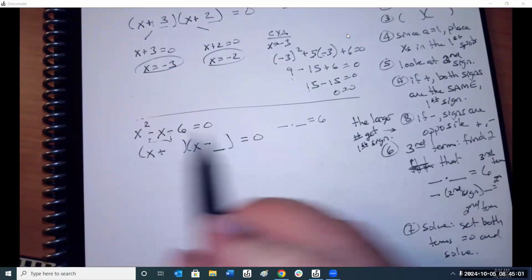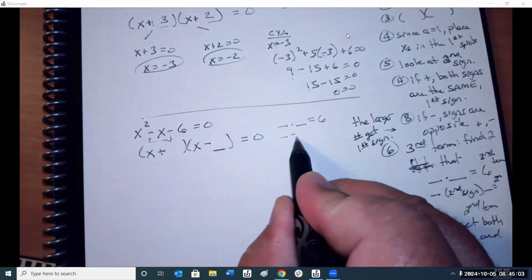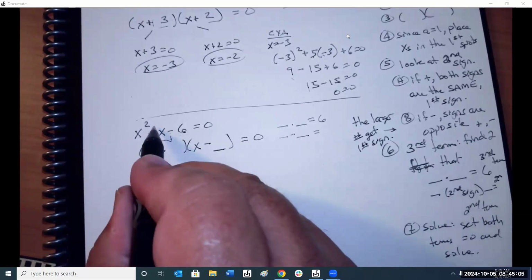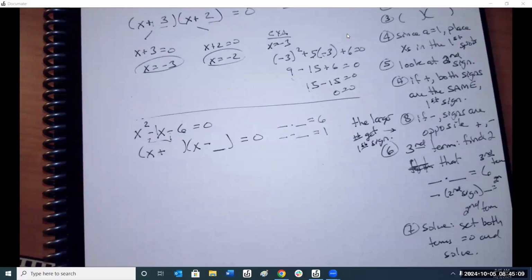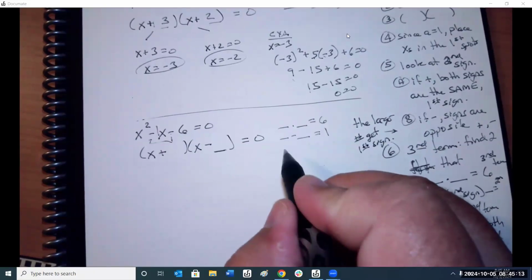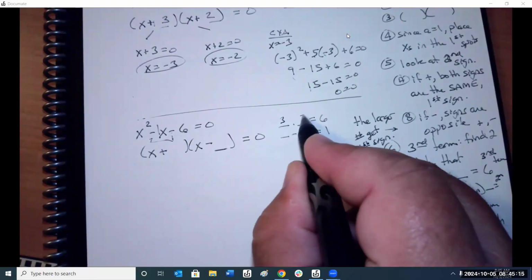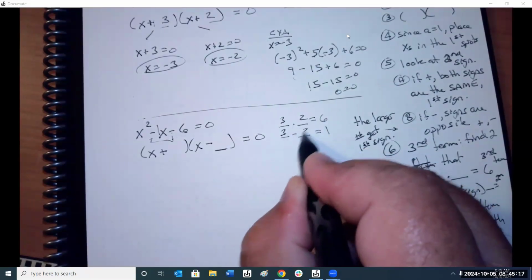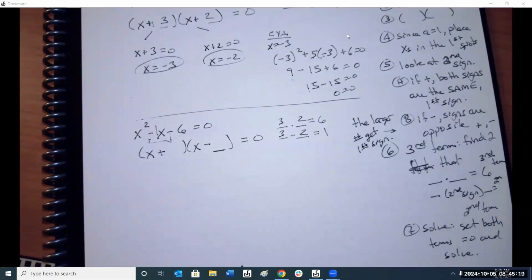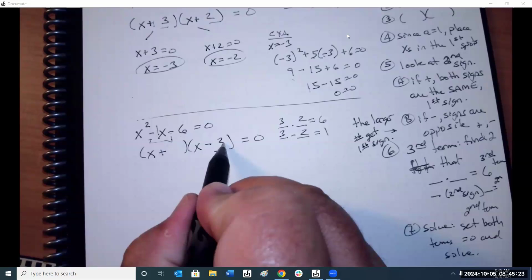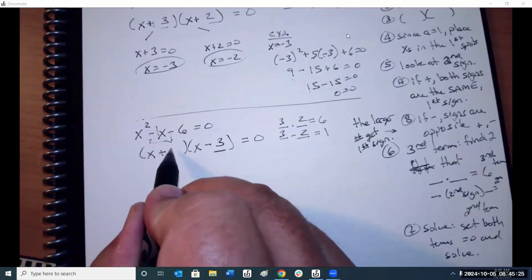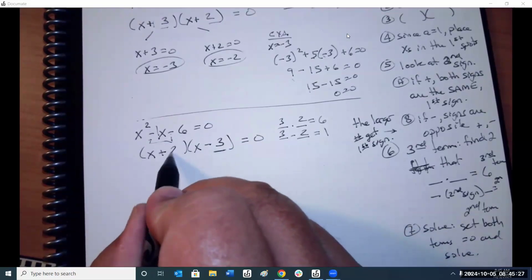Since that's a minus inside there, when I subtract them, it equals 1, the B term. So 3 times 2 is 6. 3 minus 2 is 1. Since the first term is a negative, the bigger number gets the 3. Gets negative.